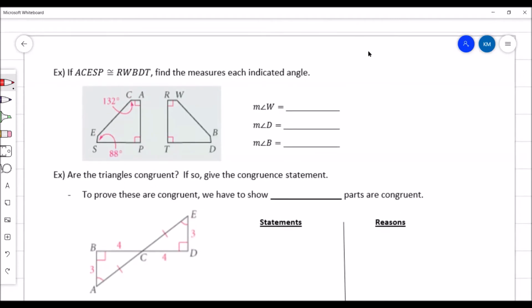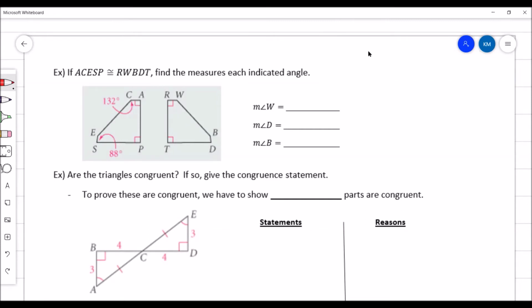Okay. Here, we're looking at, well, this is definitely not a triangle, but it's a congruent figure. It says, if ACESP is congruent to RWBDT, find the measures of each indicated angle. And so here, we're just testing that we understand what congruency means.